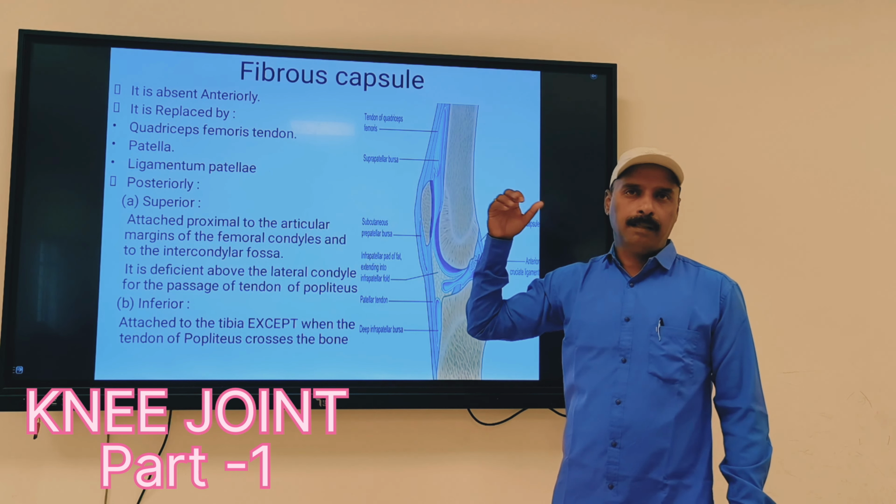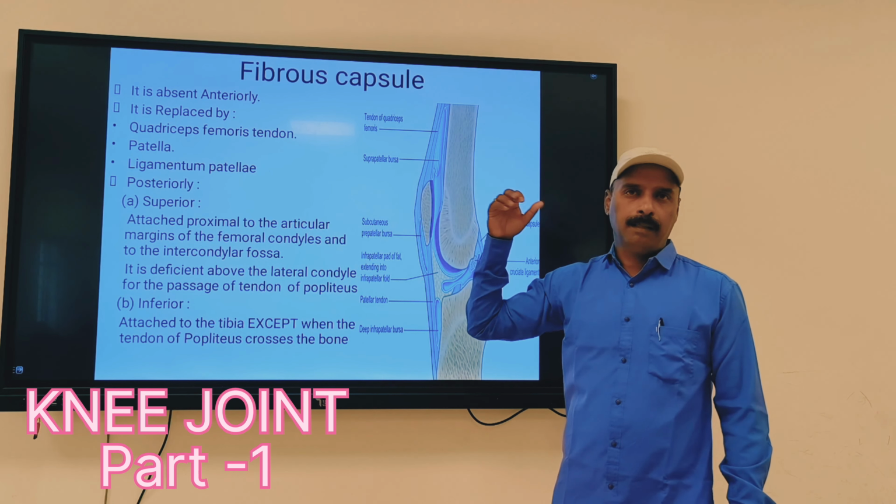That is the one you have to do. Inferiorly, except where the popliteus is, you are going to get it on the tibial part. On the tibial part, it is attached to the intercondylar margins of the tibia. So on the femoral side, it is attached to the margins of the femoral condyles above.